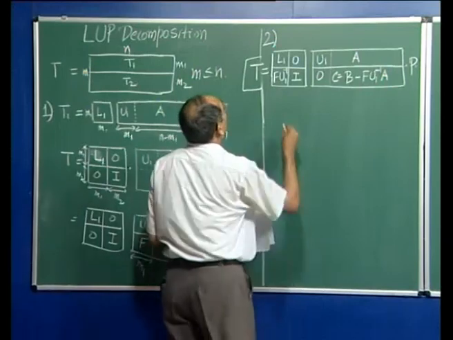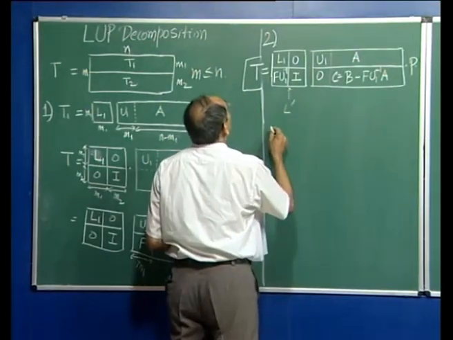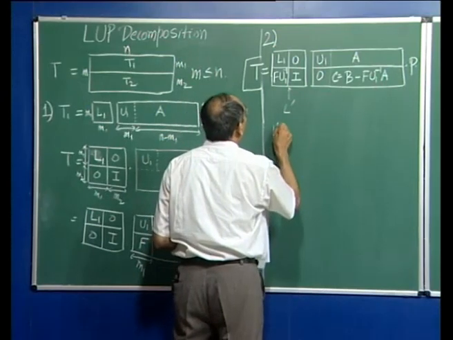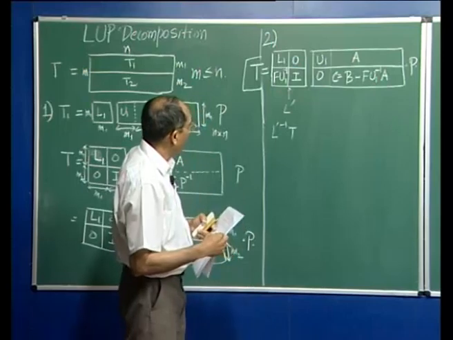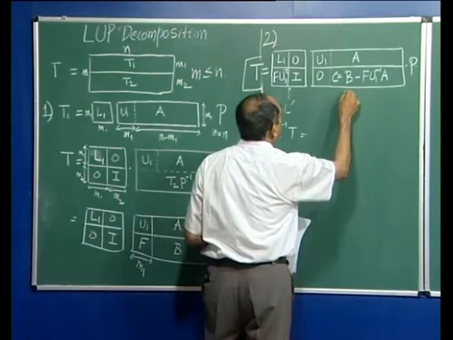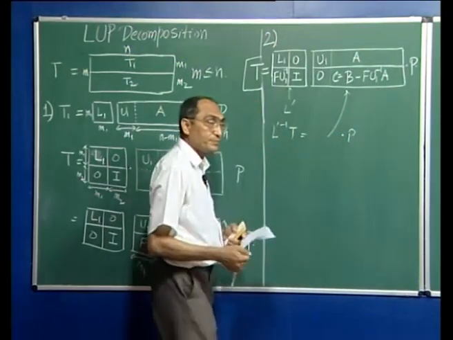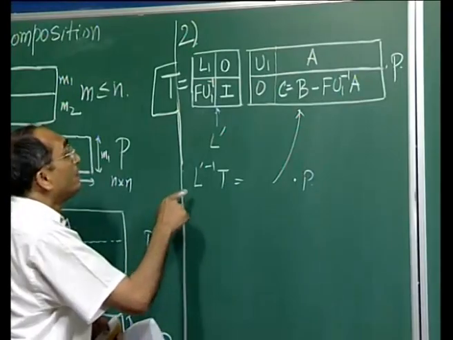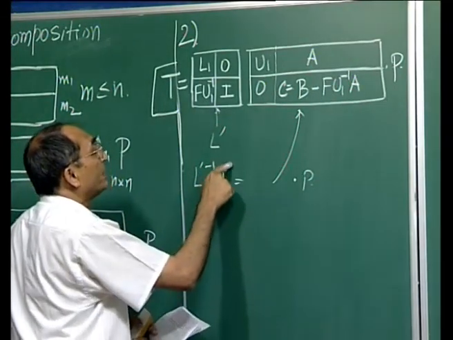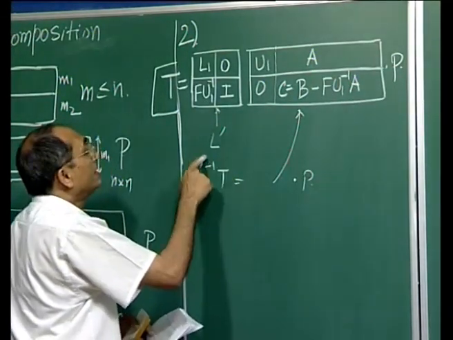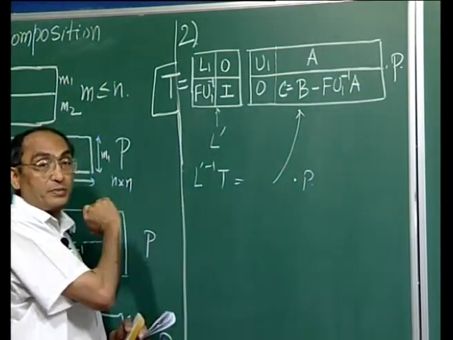Now, suppose this we call some L prime, then L prime inverse T is this matrix times P. At the start I had pointed out that if this is a full rank matrix, this is a full rank matrix, then this product is also a full rank matrix.